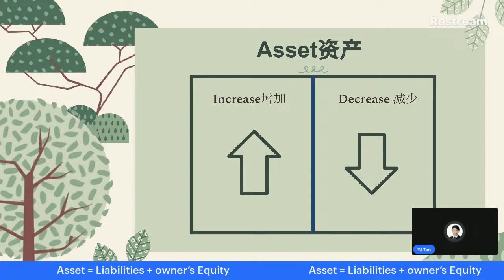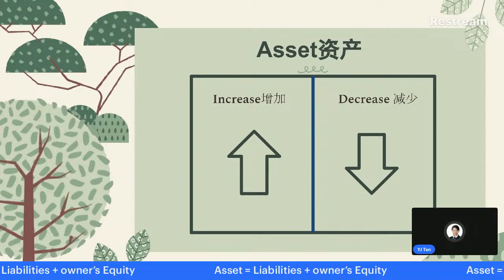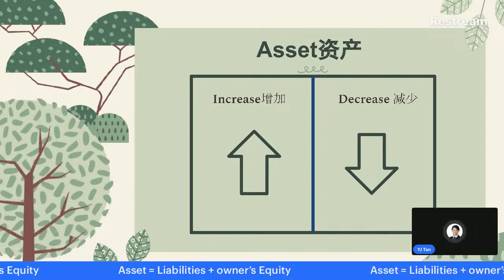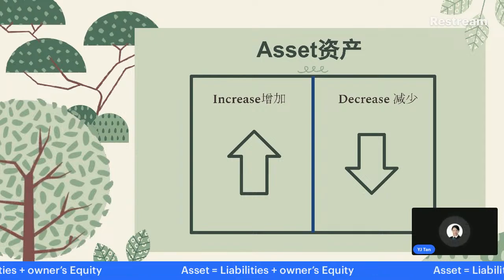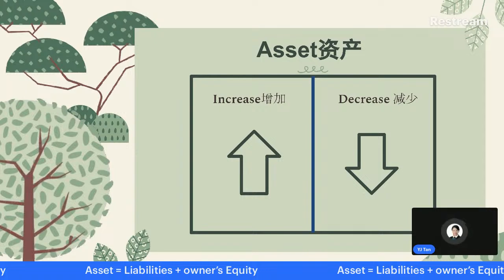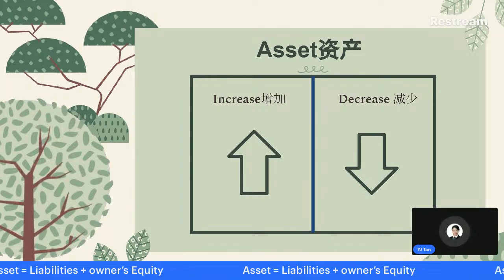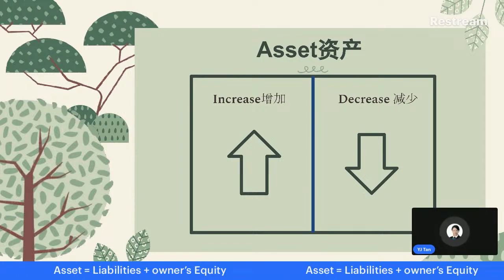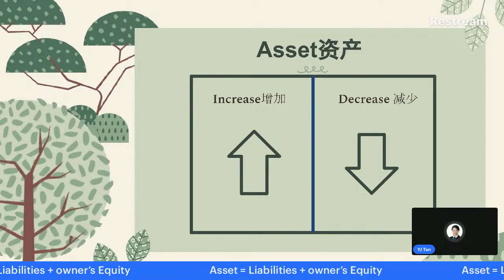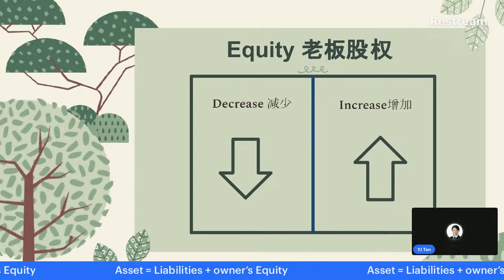For example, take one asset, like bank. When the bank account amount is increased, it is a debit, which is on your left hand side. If your bank account amount is reducing, then you have to credit, which is on your right hand side.